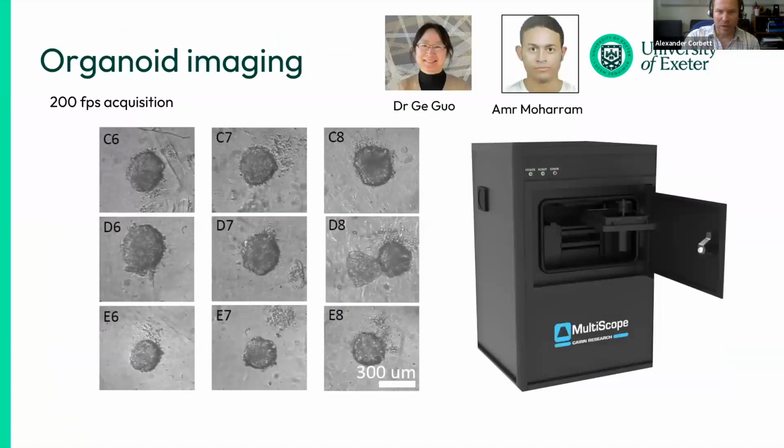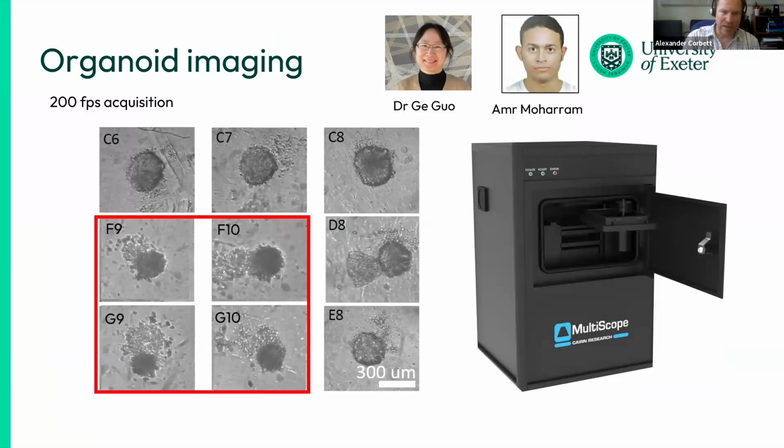As mentioned before, we can look at organoid imaging, and this is very useful for high throughput where we want to look at the development over time. And so we can image across multiple wells, and we can identify which ones have developed successfully and which ones haven't. I couldn't tell you which ones look good from that image, but we'll leave that to the experts.